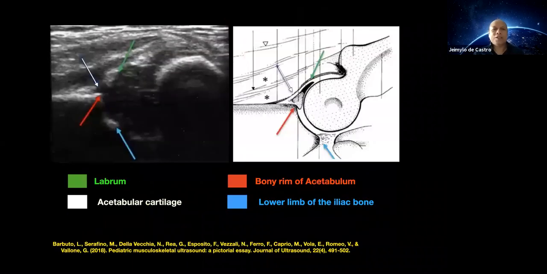Just for you to see how exactly it is oriented, I decided to put this here. In the image on the left, that is your femoral head. Of course, you have the promontory, the ilium, and the acetabular roof or cartilage, and then you have the greater tuberosity, that's the echogenic structure on your right.